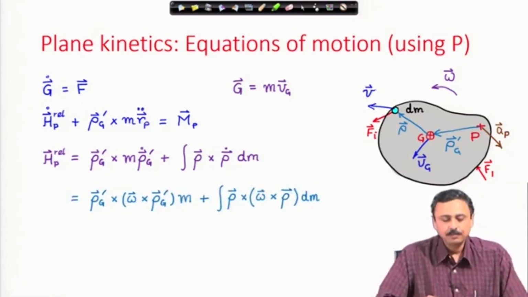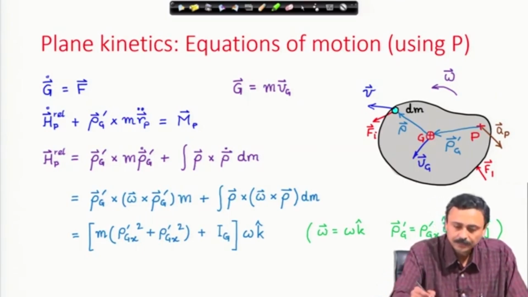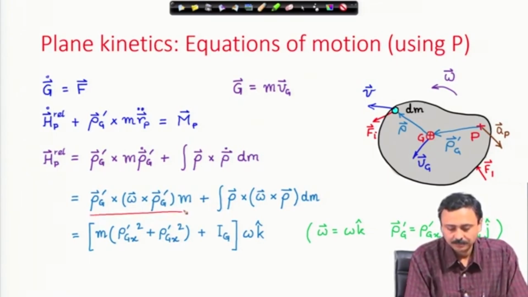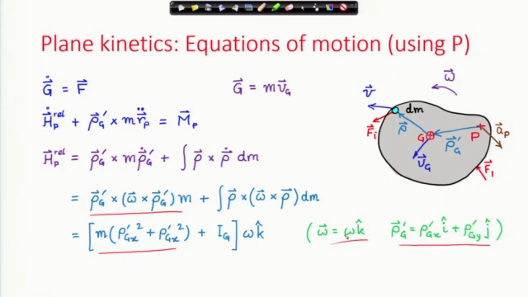H_P rel simplifies to this form, and if you write down this expression, then if you use these expressions and write down this cross product in detail, you will get these terms, and from here you will get I_g times omega.